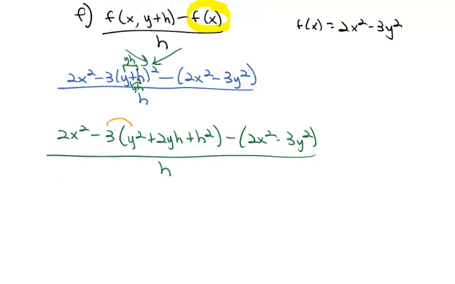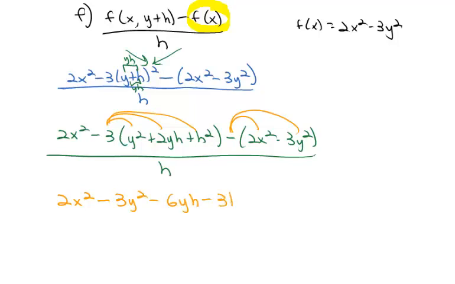Now we can multiply, distributing through parentheses, also distributing the negative through onto both terms. This is going to give us 2x squared minus 3y squared minus 6yh minus 3h squared minus 2x squared plus, negative times a negative, 3y squared all over h.